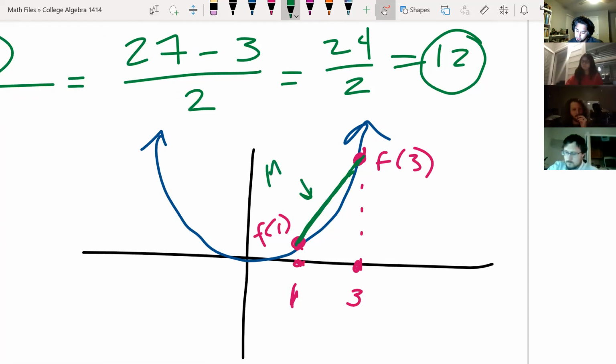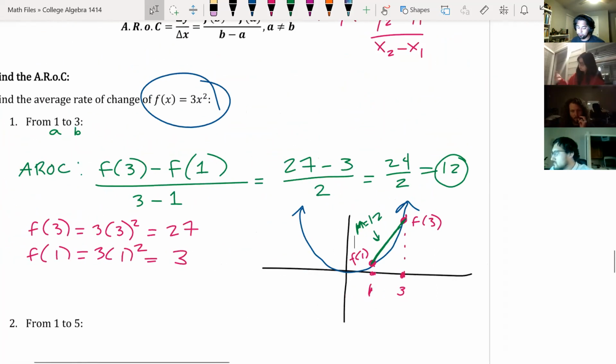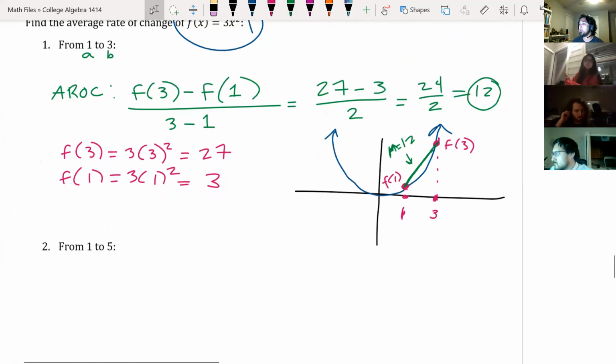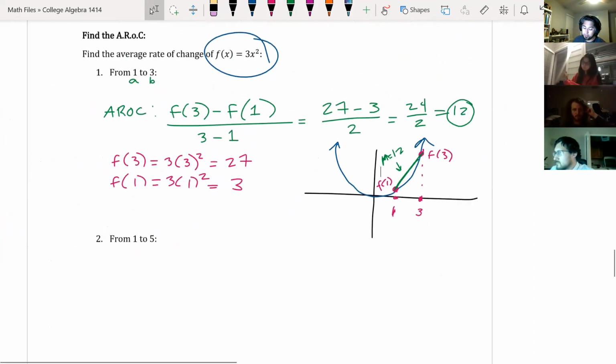The slope is 12. That's it. So the average rate of change between those 2 points is 12. So just a picture, just to help you out, add a visual to all of these numbers.